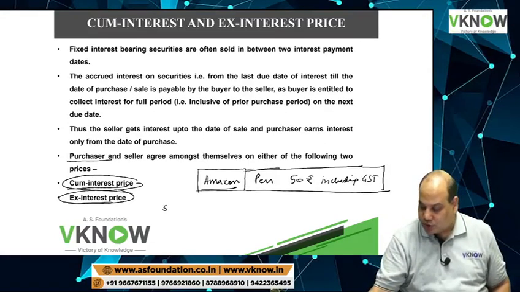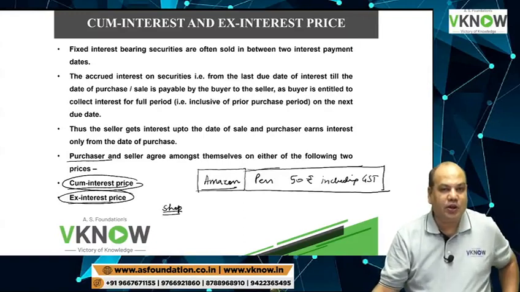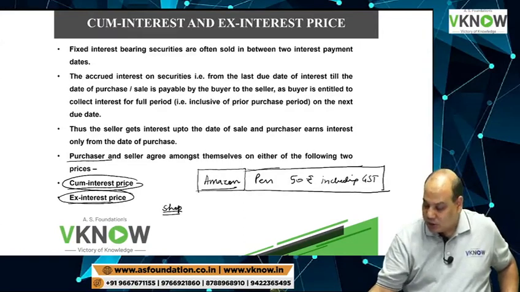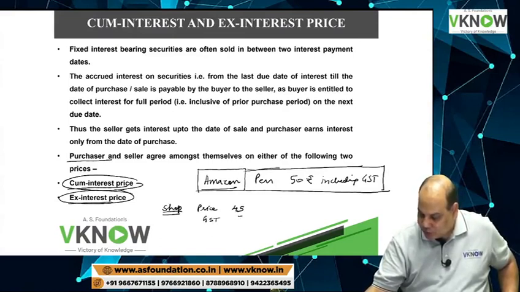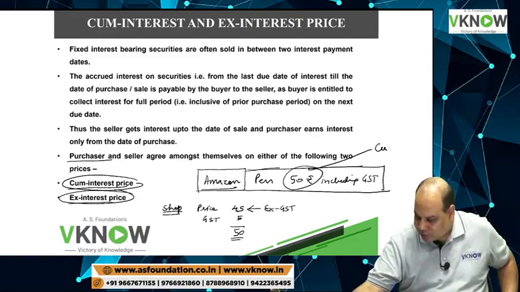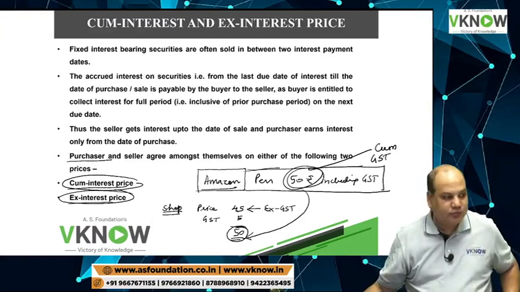But suppose you go to some departmental shop, look at their bill. It will be written like this: price 45, GST 5, total 50. So here the price is ex-GST, there the price is cum-GST. But in both cases, you have to pay the same amount.